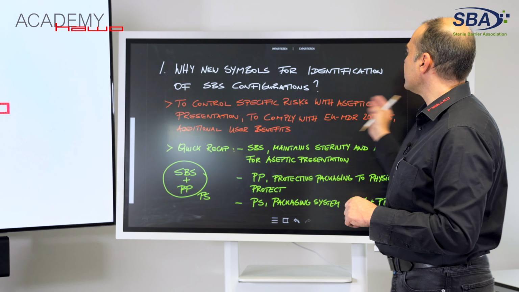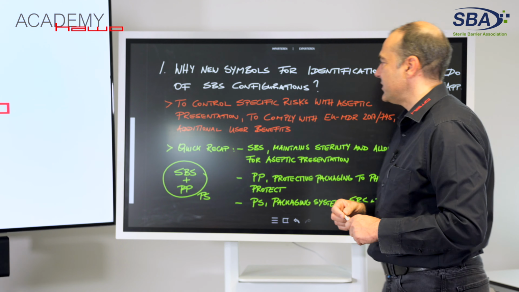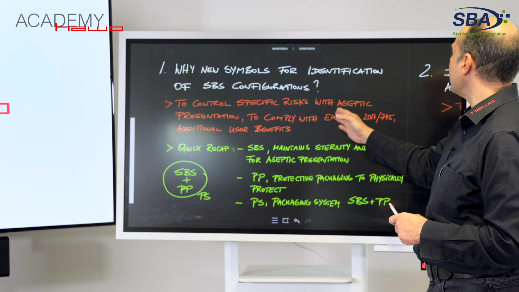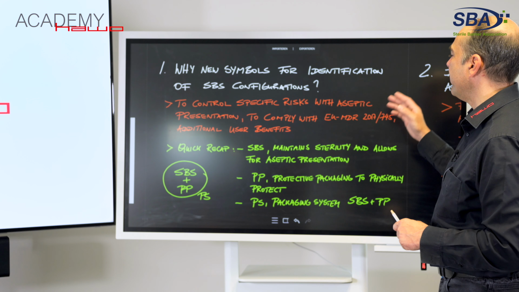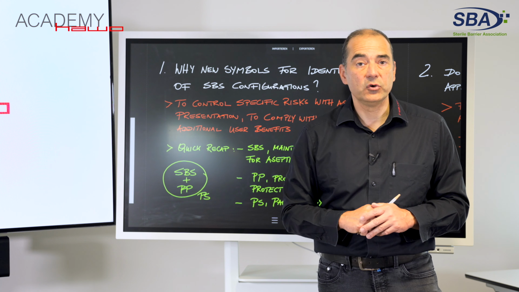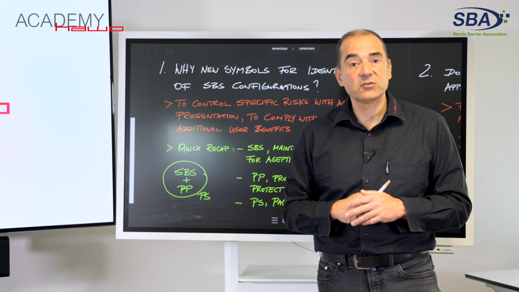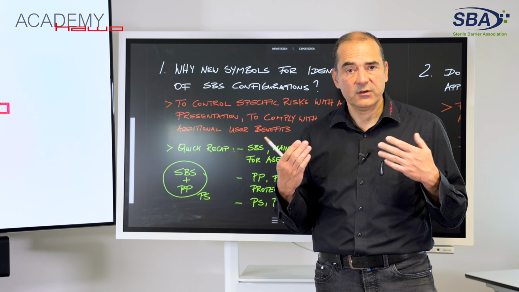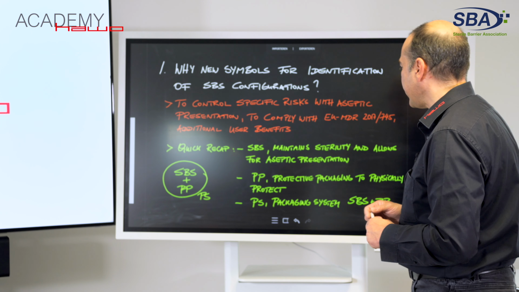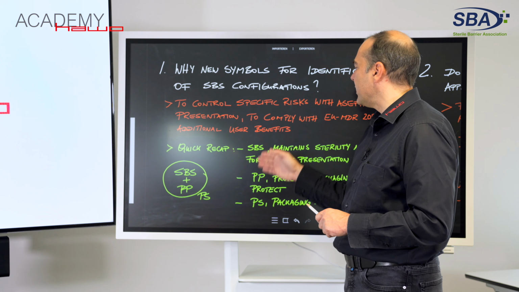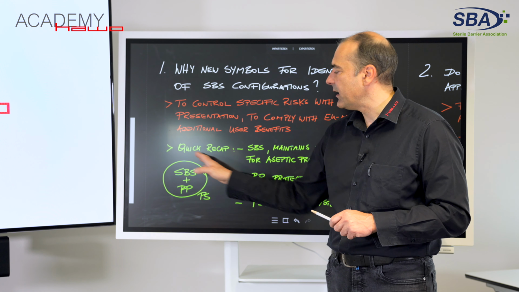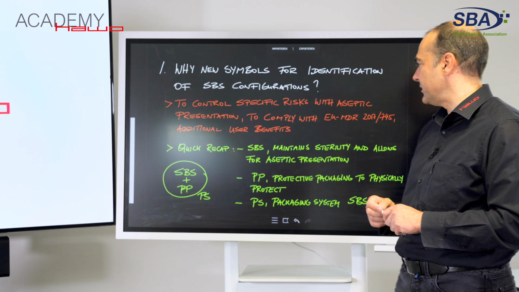Well, to control specific risks with aseptic presentation, to comply with EU MDR regulation, and to have additional user benefits such as easy use. A quick recap on sterile barrier systems, protective packaging layer or packaging system.